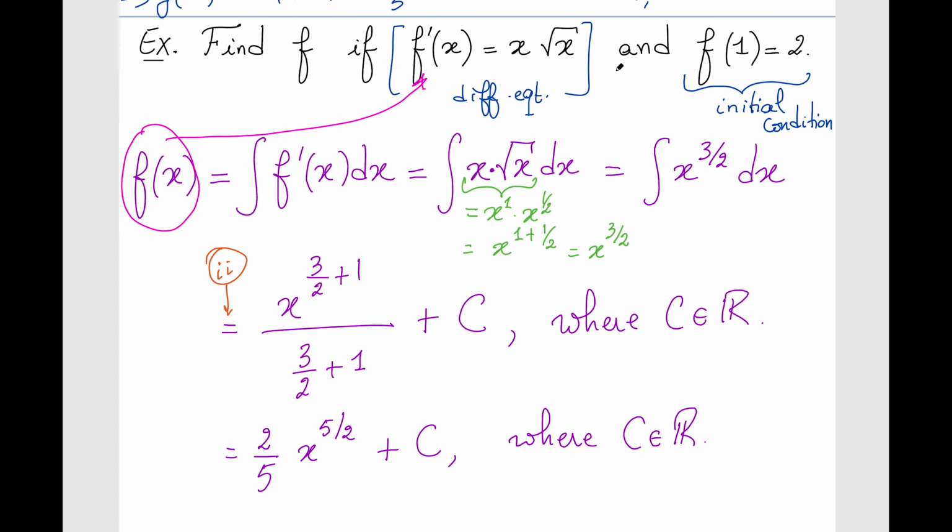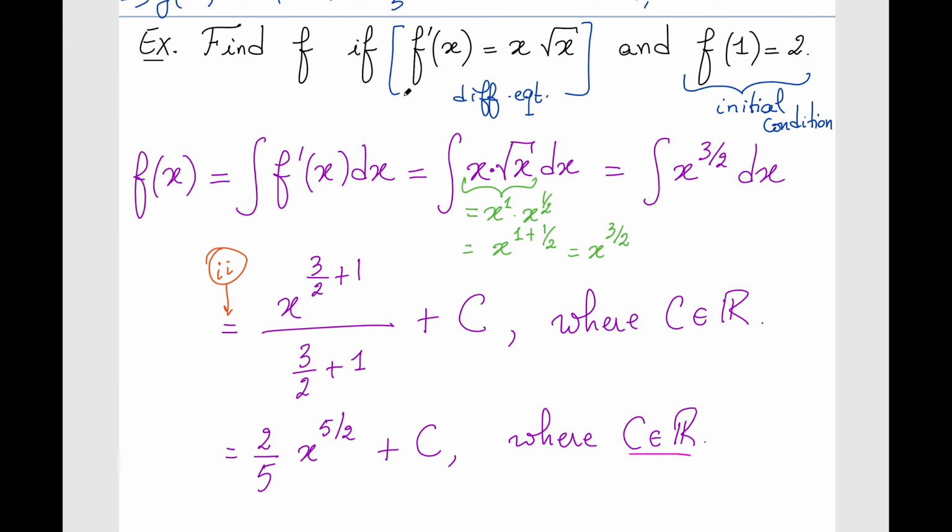Make sense? However, in our context, we have a condition in addition. Any function that solves this differential equation is going to look like this, for an arbitrary constant c.